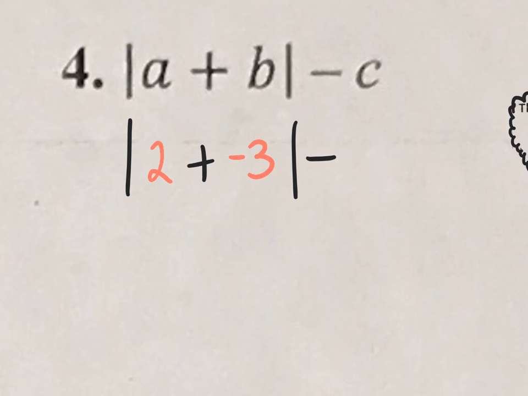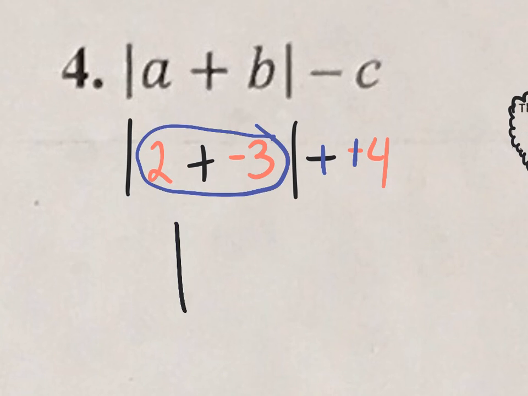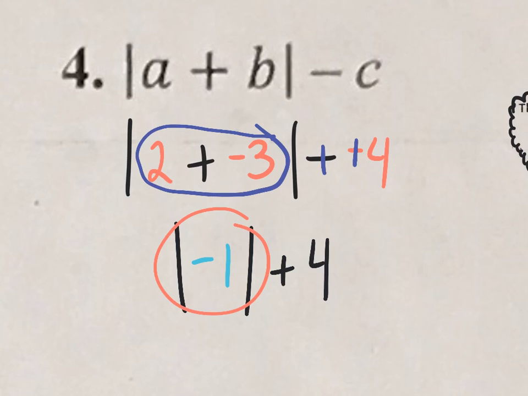Negative 3. The C is what? Negative 4. So the minus changes the plus right here, but we still need to work on the inside of the absolute value first. What's 2 plus negative 3? 1. Close? Negative 1. So inside you have negative 1 and you still have the plus 4 on the outside.